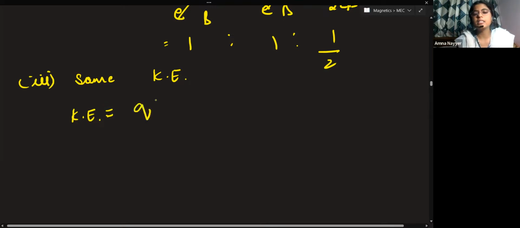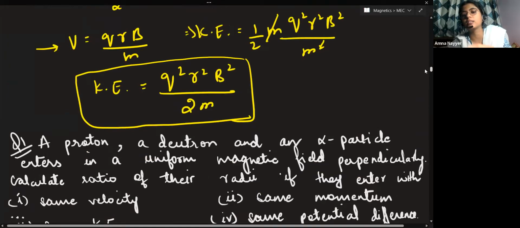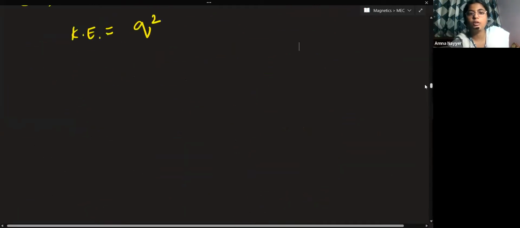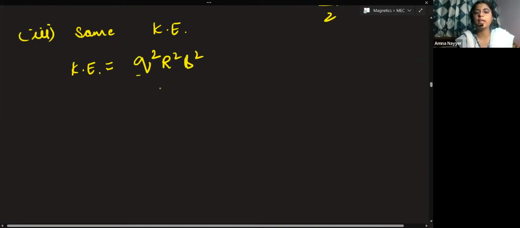Kinetic energy, we did it now, remember? The formula of kinetic energy is q square r square B square divided by 2m. We did it here: q square r square B square divided by 2m.